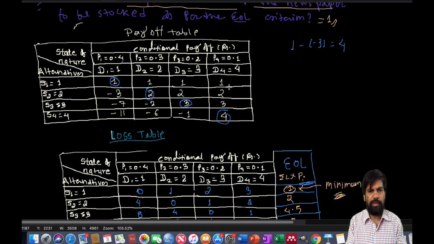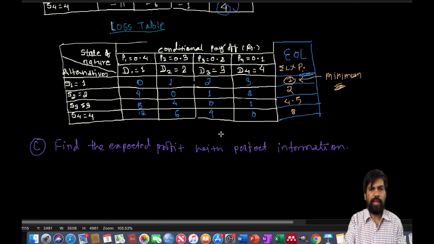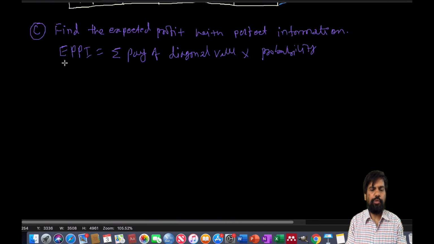So 1 multiplied by 0.4 plus 2 multiplied by 0.3 plus 3 multiplied by 0.2 plus 4 multiplied by 0.1, and the sum of these values is our answer for part C. Mathematically we can represent EPPI as the sum of payoff diagonal values into probability.